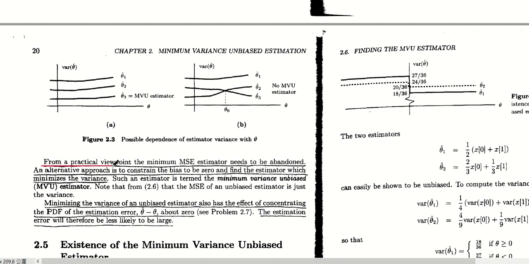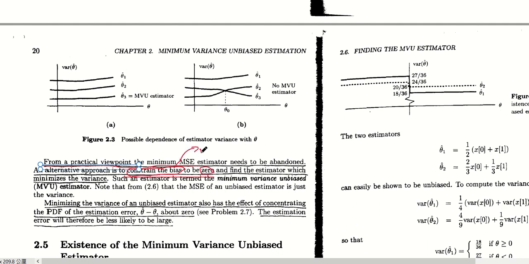From a practical point of view, the MSE estimator needs to be abandoned. An alternative approach is to constrain the bias to zero. Right? We constrain the bias to be zero. This is what we often do. Meaning what?